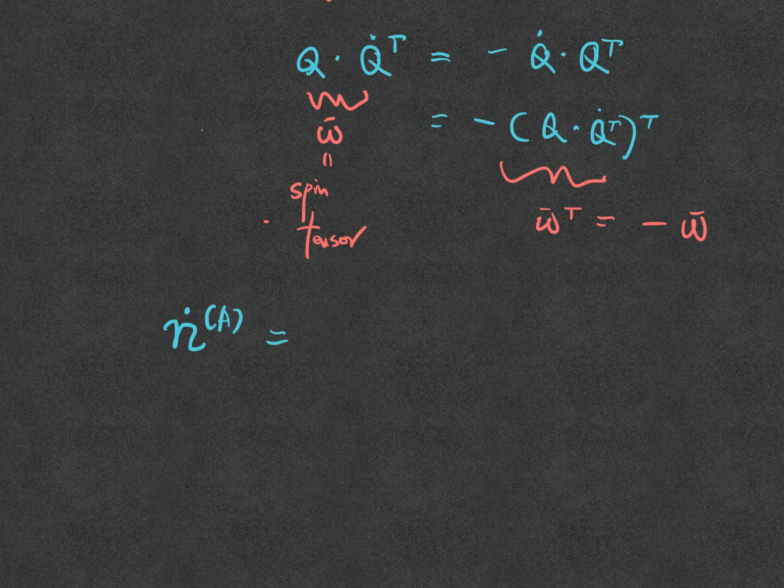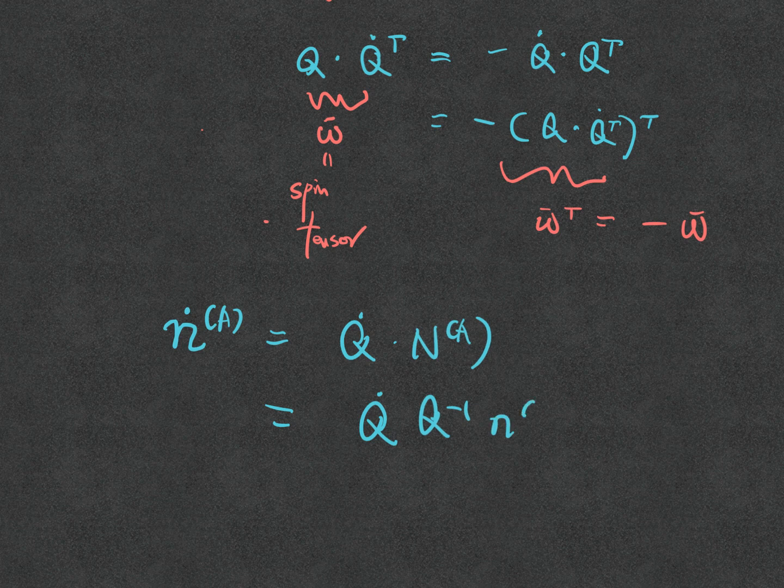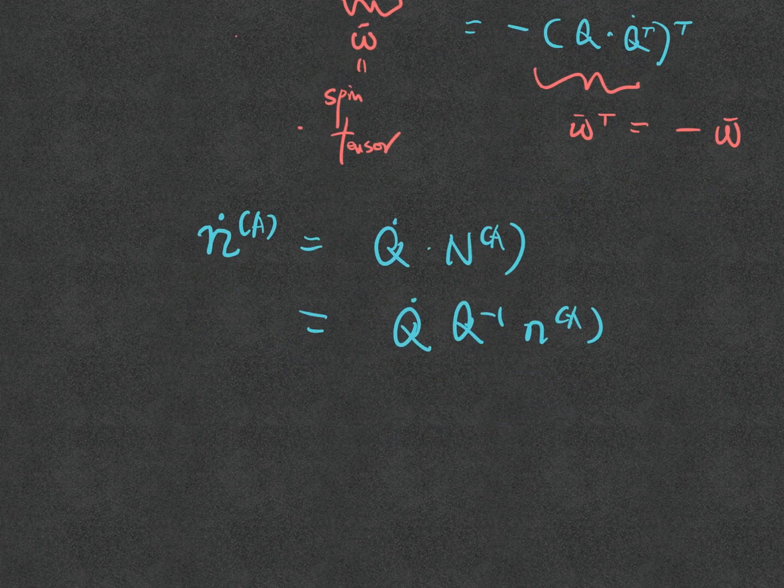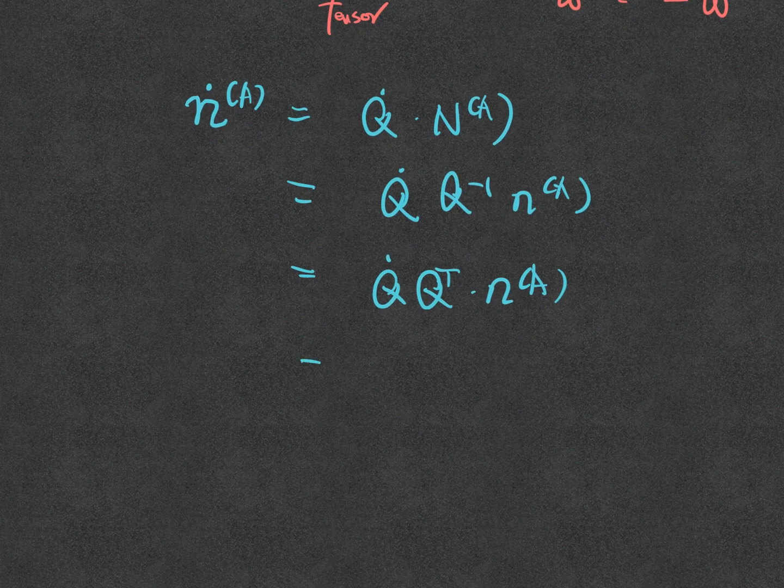So now Na is equal to Q dot Na. But it's also equal to Q dot Q inverse Na, and that is also equal to Q dot Q transpose, because the transpose is equal to the inverse, and that is equal to the spin tensor times Na.